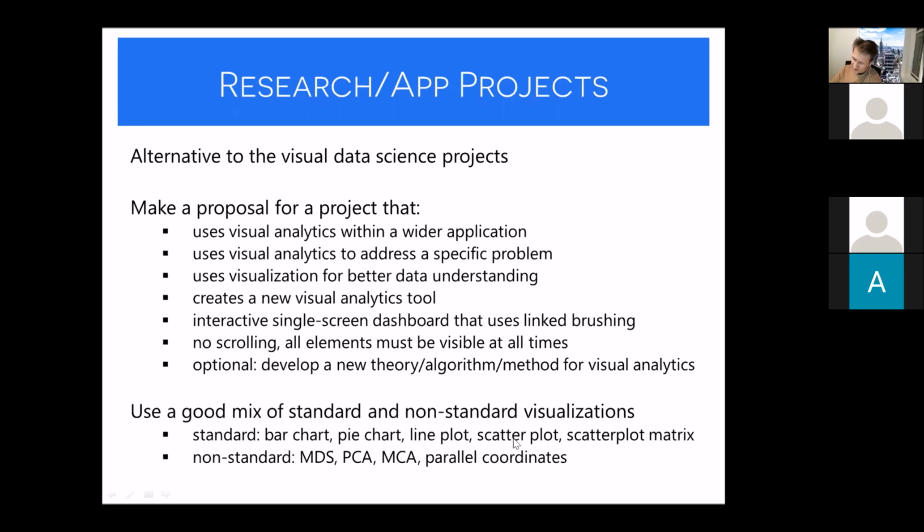So next time I'll show you a dashboard that someone developed, actually an undergraduate student, that is really a good dashboard. I'll also show you some other examples that students have developed in the past to give you a little bit of an idea what I'm looking for. But I'll show that next time. I just want to give you an introduction to this final project.